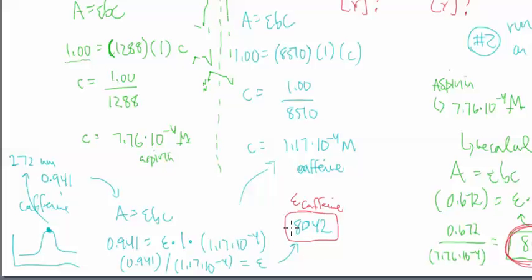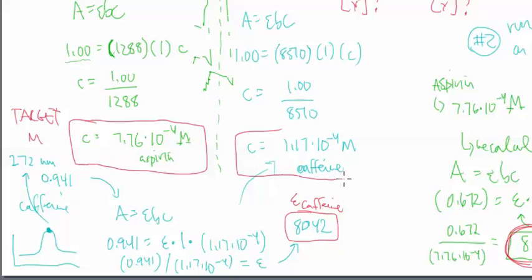Okay, so I use Beer's law in the beginning to give me a target molarity. That's what I call these. So these are target molarities: the target molarity for aspirin and the target molarity for caffeine. I make those samples at that strength. I then turn around and I run them on the UV-Vis.